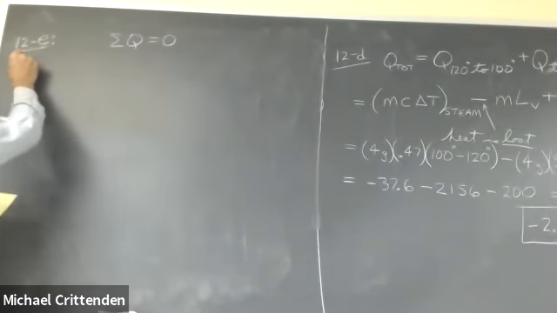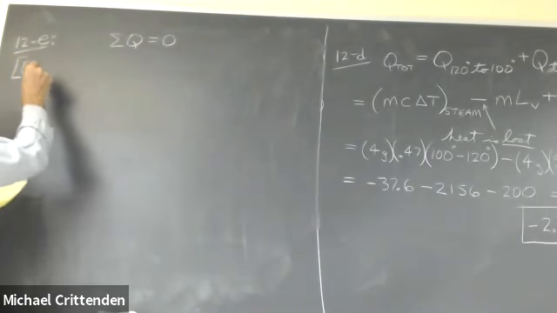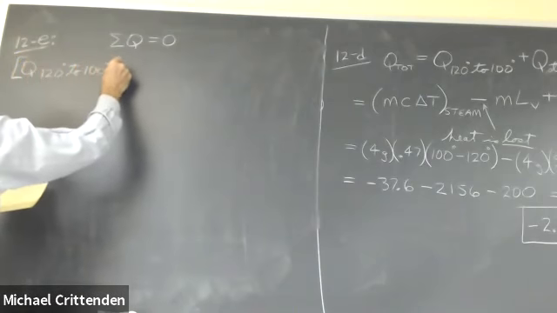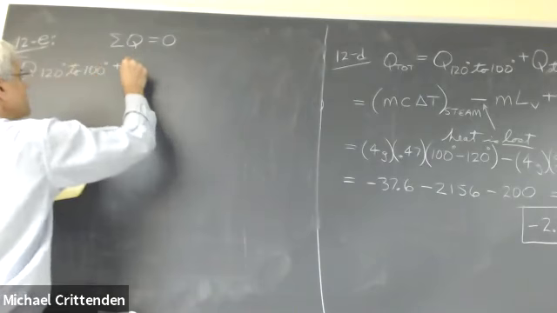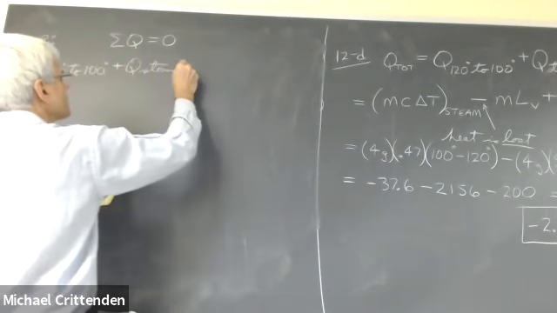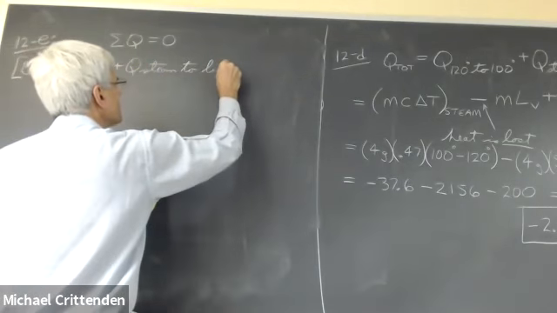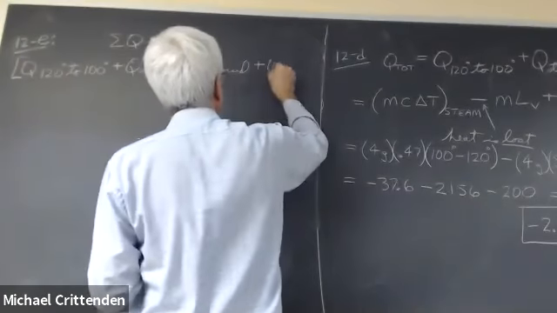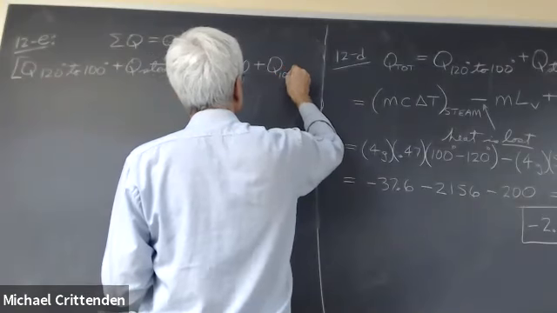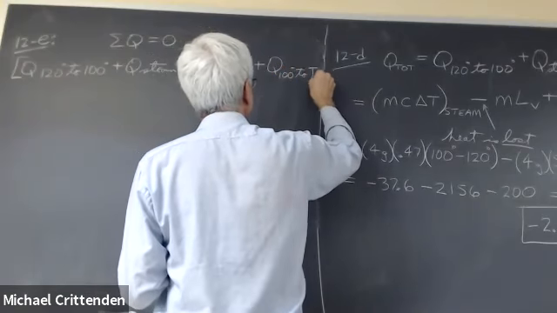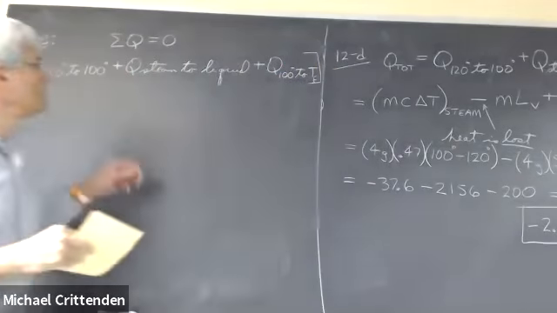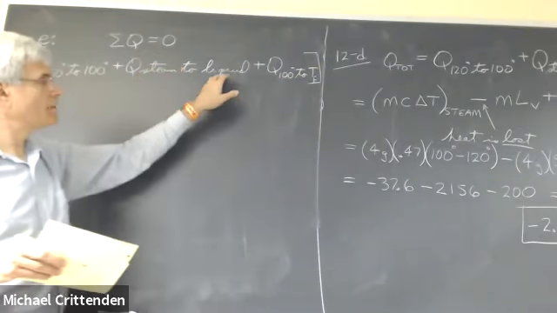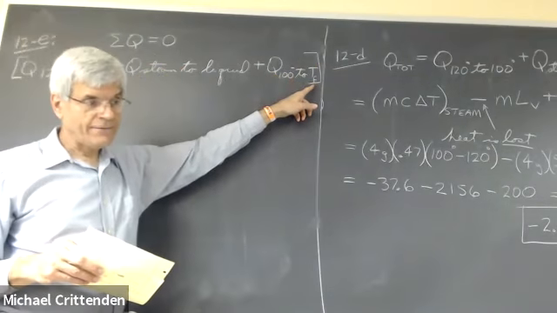So heat to go from 120 degrees to 100, plus the heat to go from steam to a liquid, plus the heat to go from 100 degrees to T final.